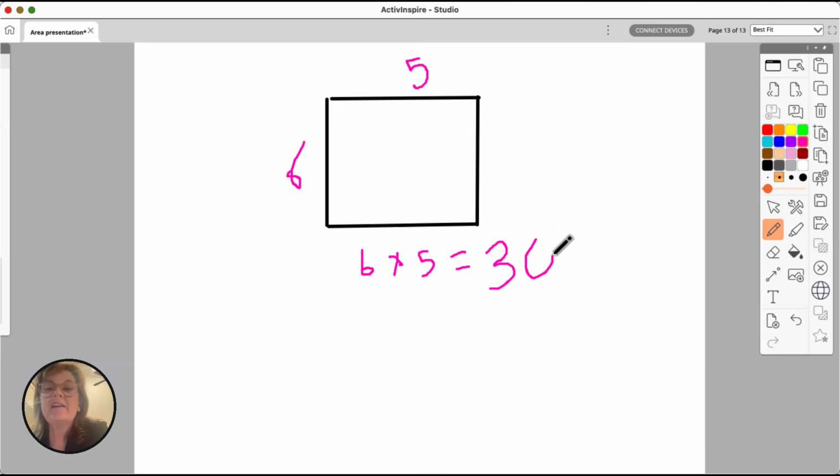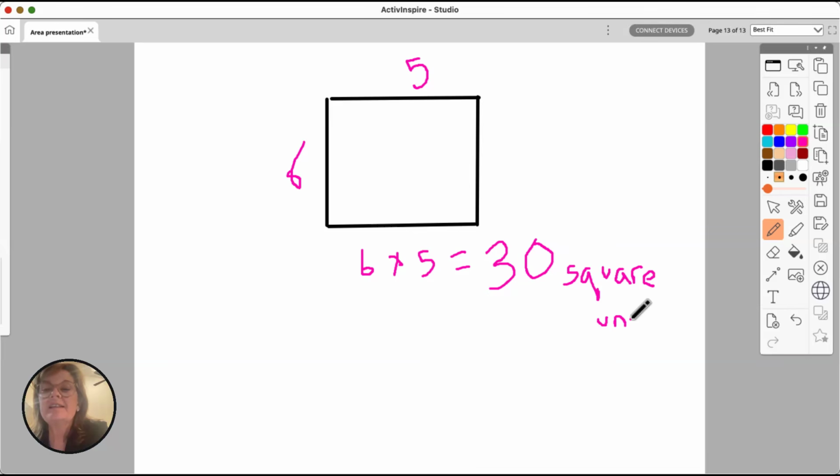If you're writing area on a paper, if you're taking any kind of test or anything where somebody's going to look at your work, if you don't use the word square, it's wrong because you're counting squares. So you would need to say 30 square units, right? It's important to remember to say that.